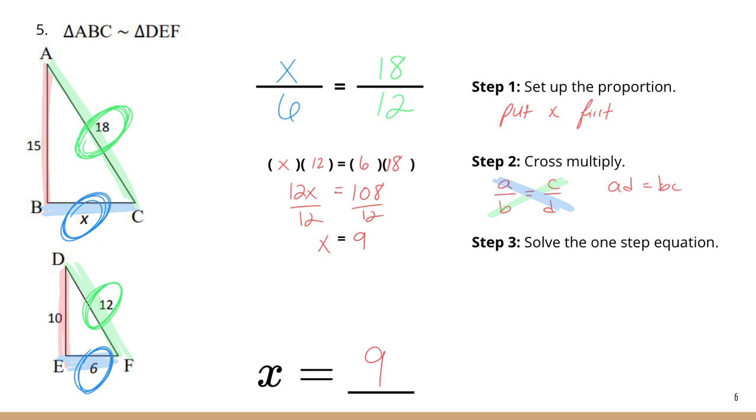And then solve the one-step equation. So you are always, for right now, going to divide. So if you're not great with solving equations, know that once you get that proportion set up and you cross multiply, the only thing you need to do is divide.